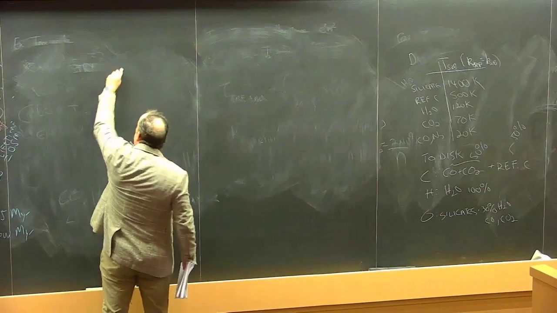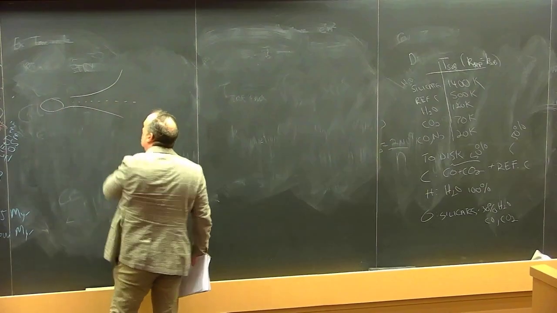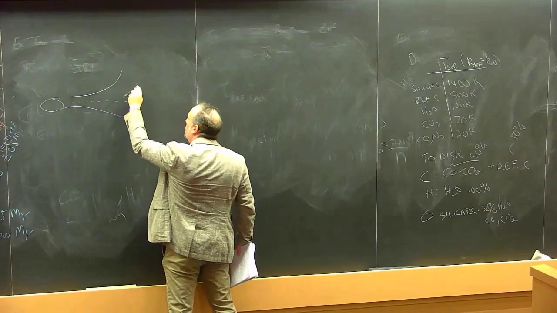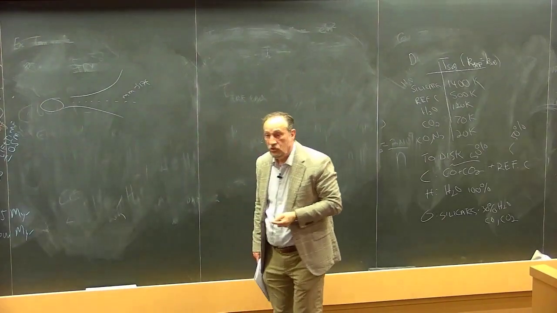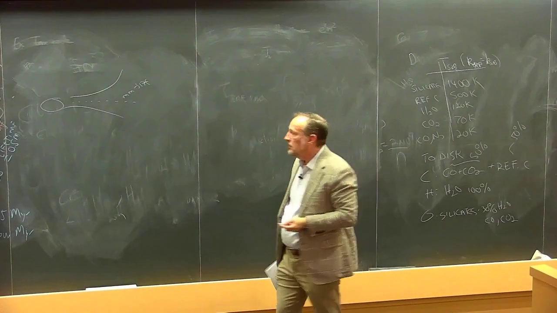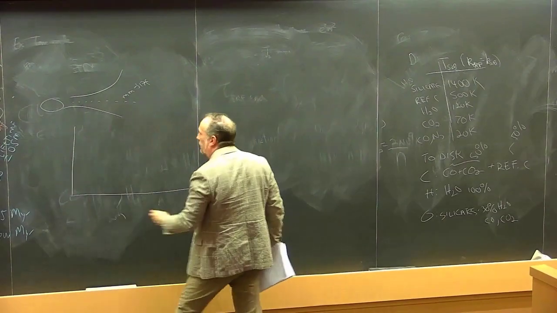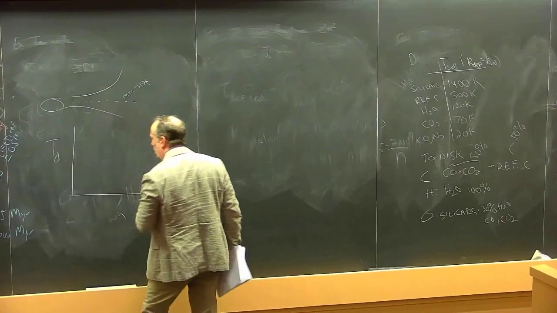All right? So what we have is a disk around a star, and most of the grains grow to about 1 millimeter size, and they're concentrated in the midplane. And we want to know what the temperature of that material is. So this is the temperature of the dust. Right?